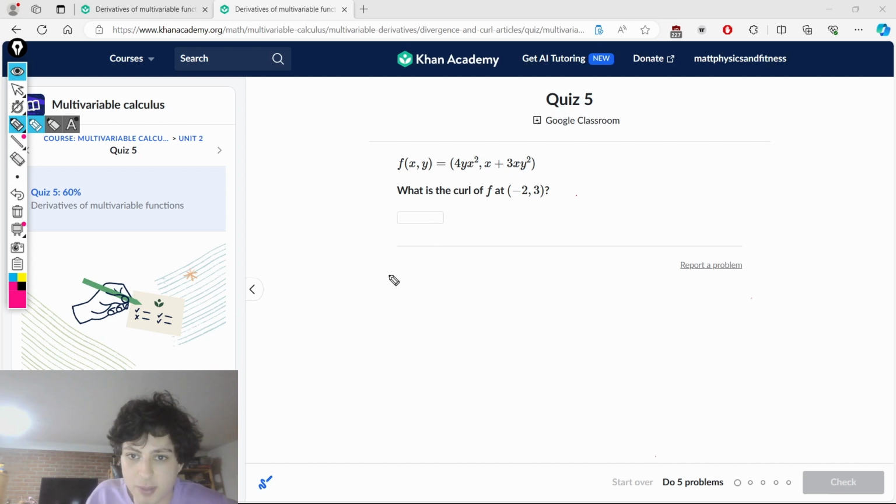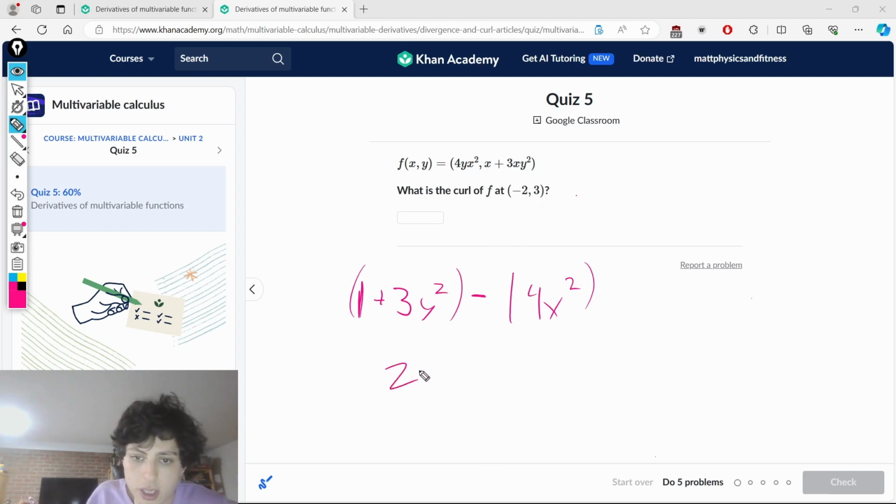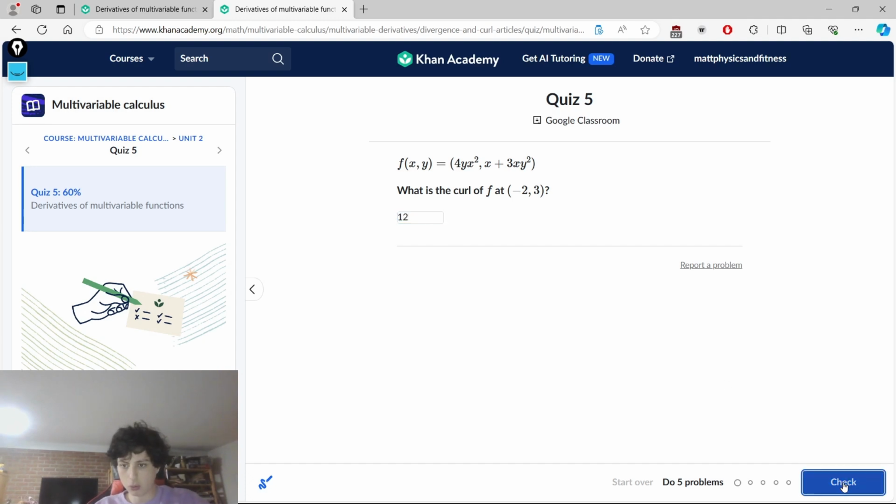So yeah, dx dy is positive. So 1 plus 3y squared, minus dy dx, minus 4x squared. 3y squared is 27, 28, minus negative 2 squared is 4, minus 16. 12. Going for 12. Woo!